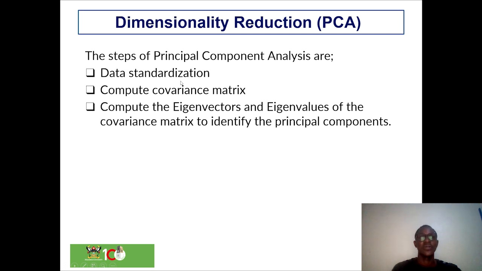So first, you just standardize your data to reduce the variance, and then compute the covariance matrix to get an idea of how far each feature value is deviating from the mean by comparing it with the other features, the neighboring features. And then after that, you compute the eigenvectors and eigenvalues from which you can identify the principal components.